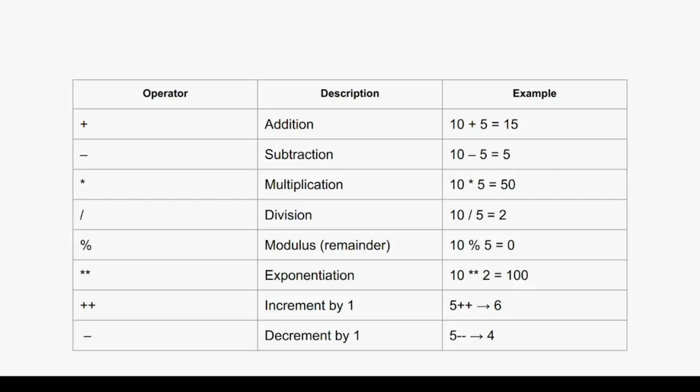The first value 10 is the base, on which we are going to perform the exponentiation, and the 2 tells us how many times we are going to multiply the number by itself.